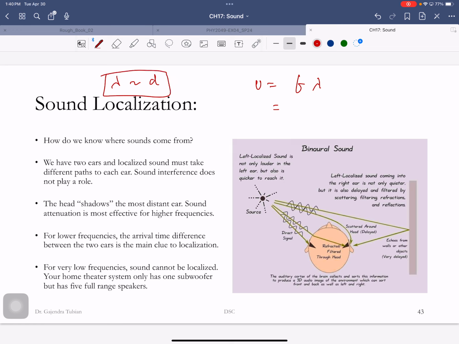Okay, so if the frequency is 100 hertz and the speed is 340 meters per second, the wavelength is 3.5 meters. 3.5 meters, 4 meters, is roughly the length of these two tables. So for a speaker that's playing 100 hertz, you can't tell where it is within 4 meters.